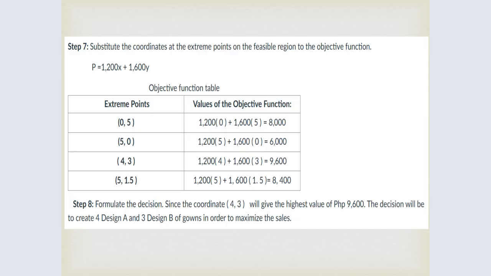Now for (5, 1.5): 1200 times 5 plus 1600 times 1.5, and that will give us 8,400. Since we are maximizing the profit, we need to get the highest value, and that is 9,600. So 9,600 is the optimal solution.